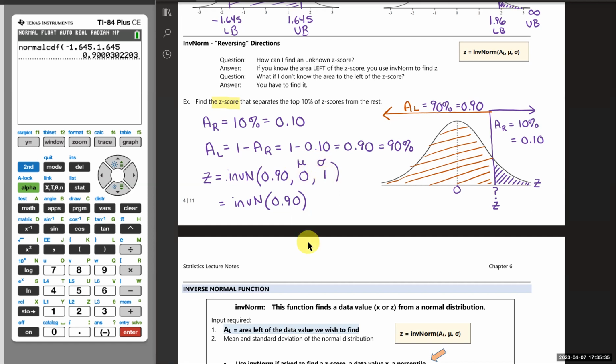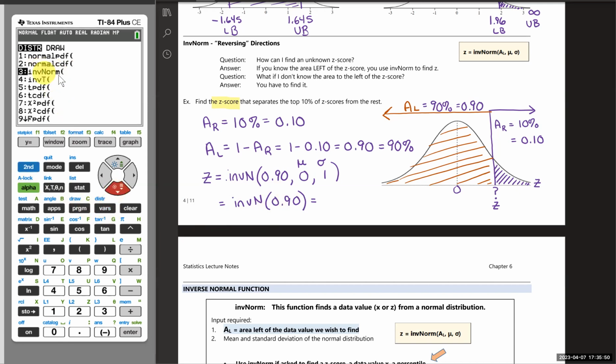All right, so there you go. That's how you find a z-score. If you know the area to the left of it, you use inverse norm and put in that area to the left. On our calculators, when you go to your distributions, you'll see your inverse norm below your normal CDF. And we put in our 0.9, the area left.